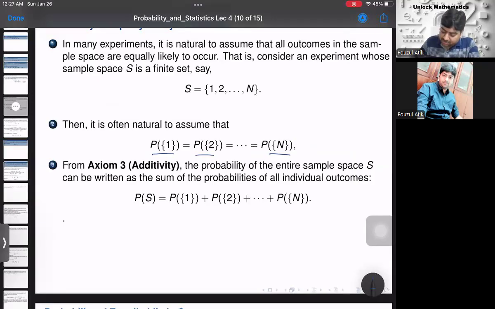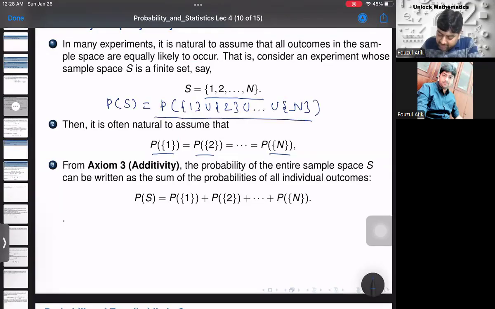Now by axioms of probability, we can have that P of S equal to, and because this S set is the union of these singleton sets, this is P of set 1 union set 2 union dot dot union set n. Then by axiom 3, I can have probability of S as their individual sum. So therefore, this is P of 1 plus P of 2 dot dot up to P of n.